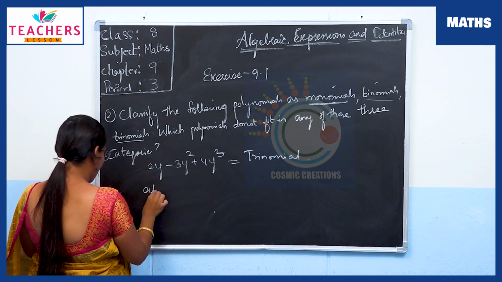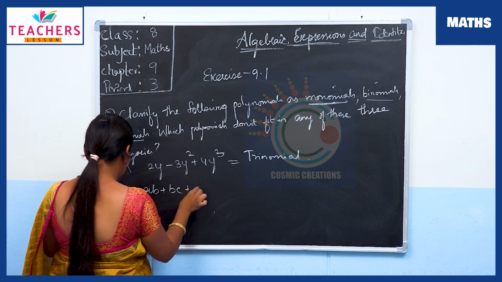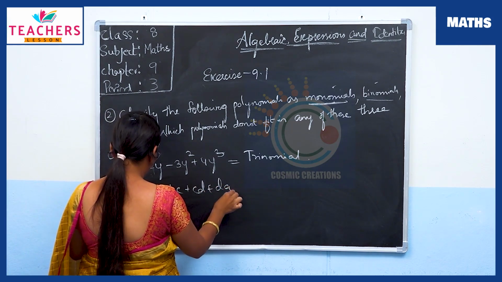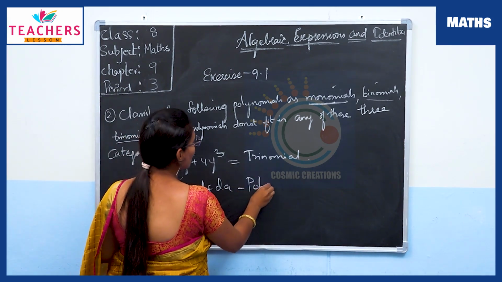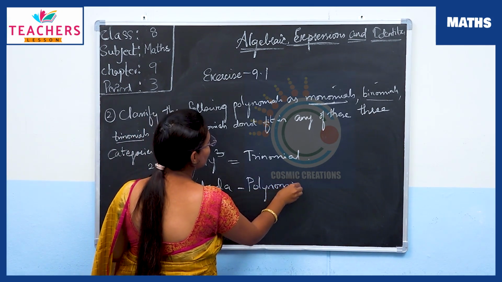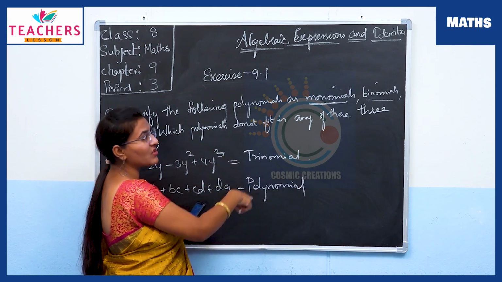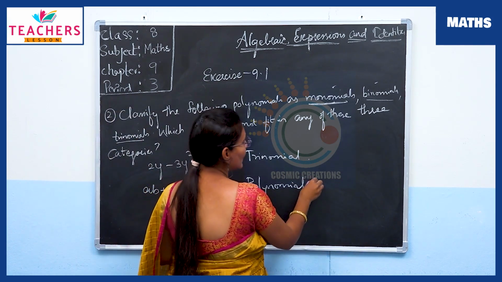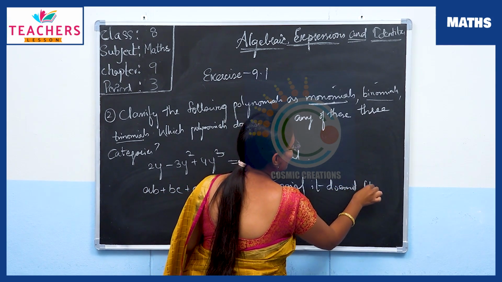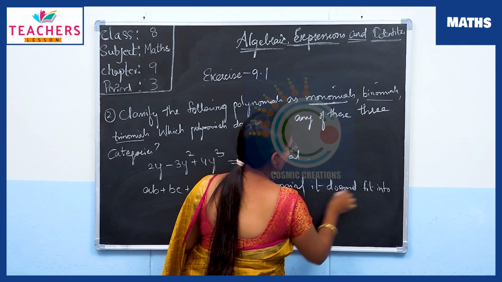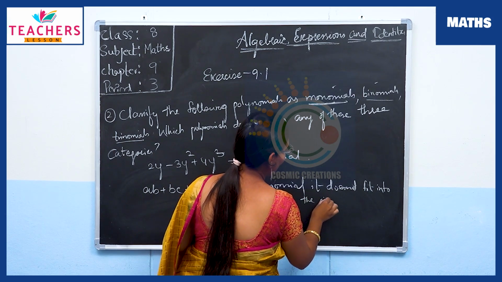Now, AB plus BC plus CD plus DA. What is it? Polynomial. Yes, very good. Polynomial, because it has more than 3 terms, and does it fit into this category? No, it does not fit into the given 3 categories.